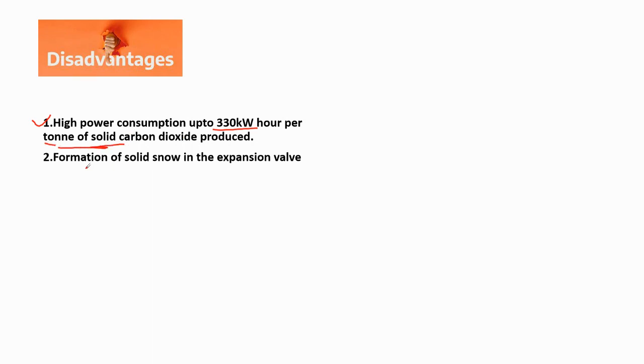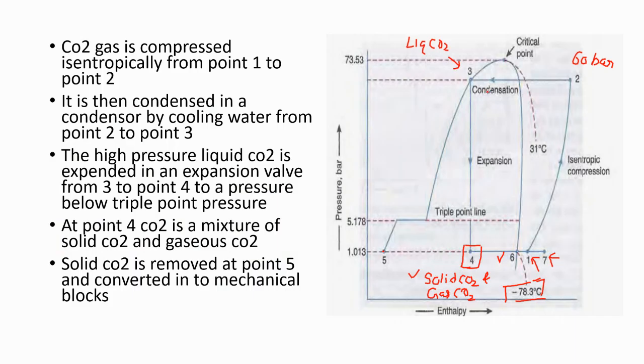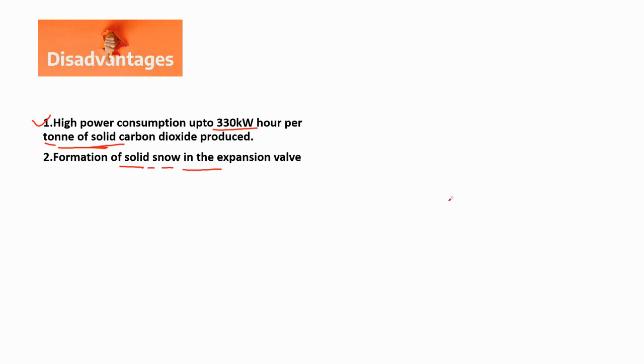Another disadvantage is the formation of solid snow in the expansion valve. When the expansion takes place from point 3 to point 4, solid snow forms, which hampers the flow of liquid CO2 through this valve. These are the two disadvantages.